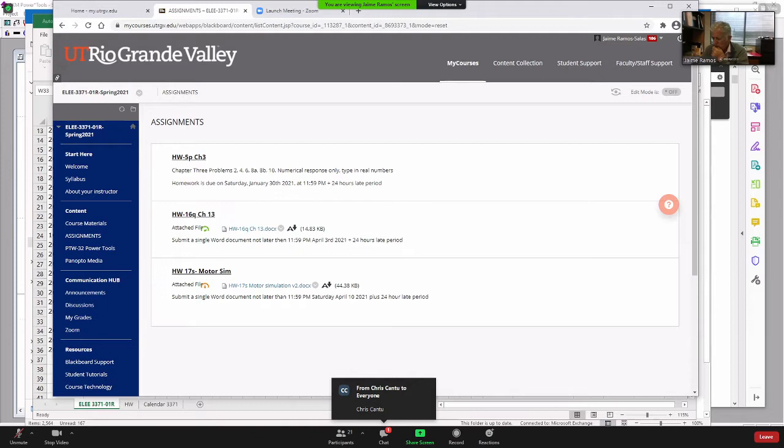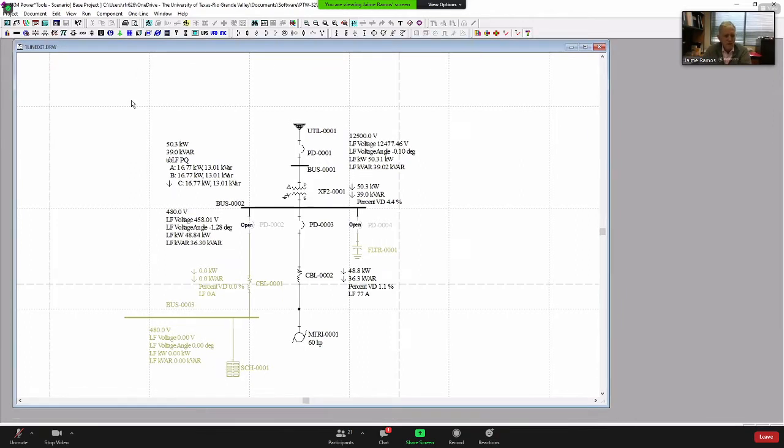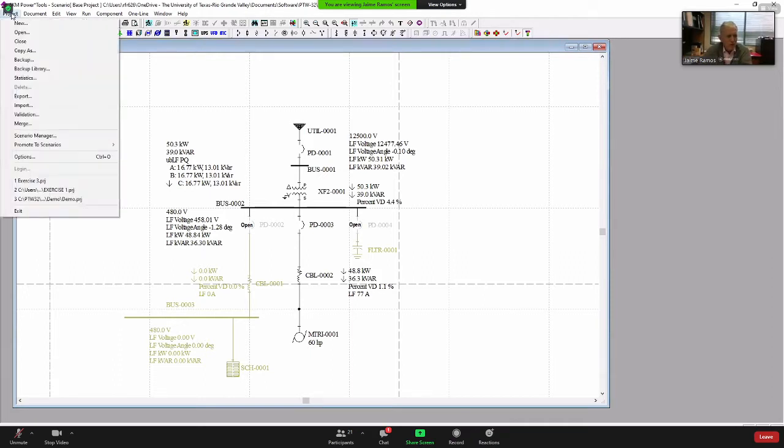I'm trying to drag that. Could you show us what it should look like on PTW once we run it? Open the example on PTW 32, this is how it should look. So you need to go to open project, open.